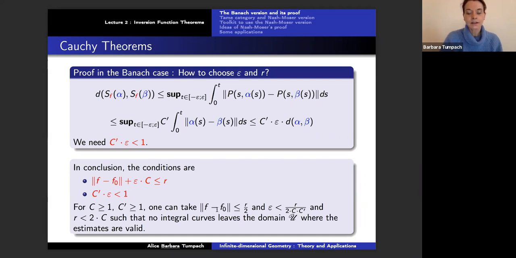And then for the initial condition f, it should be in the smaller ball of radius r/2, and the time should be less than r/(2C prime), and r should be less than 2C, and such that no integral curve leaves the domain.